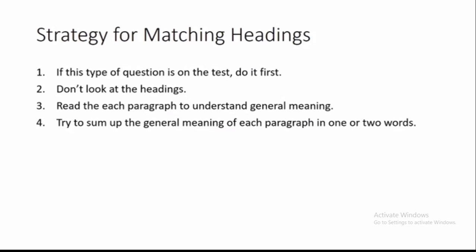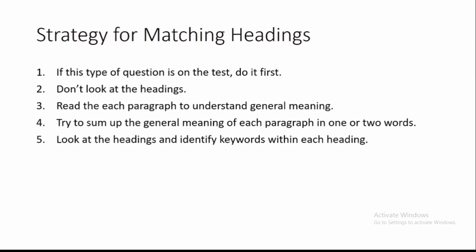This is extremely effective, because it will allow you to then go back and compare your idea with the list of headings. And you'll be amazed, you'll be shocked at how accurate and how easy it is to link those together when you have done that. So look at the headings and identify keywords within each heading.